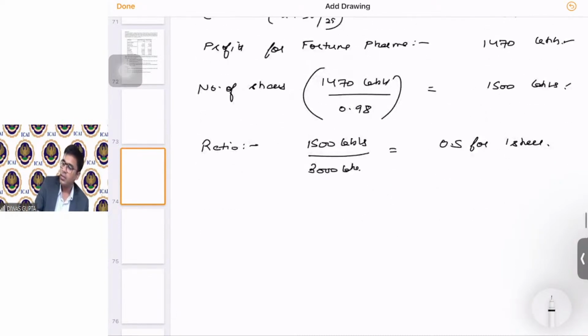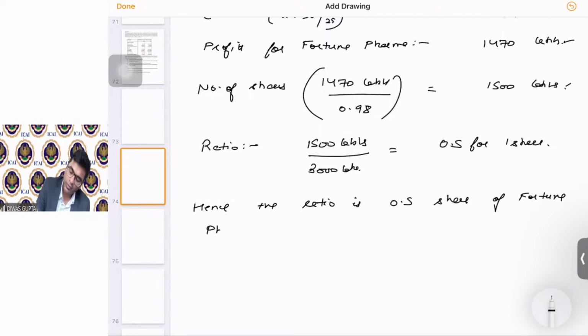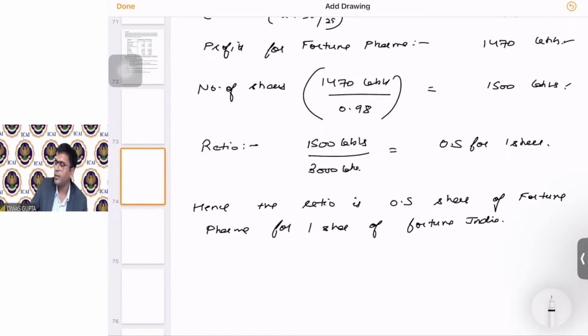Okay, so the ratio is 0.5 share of Fortune Pharma for one share of Fortune India, right? This is understood.